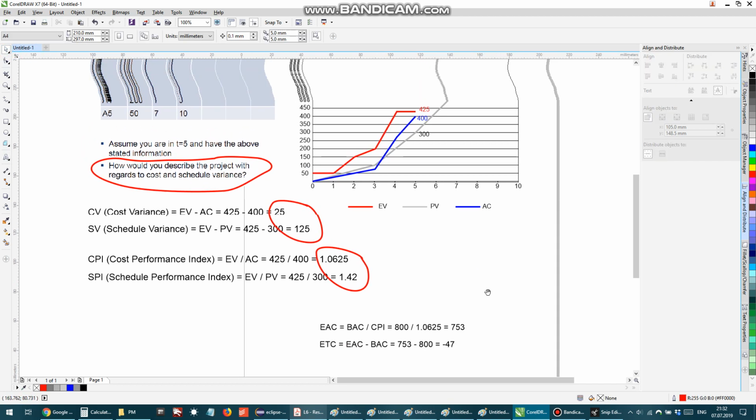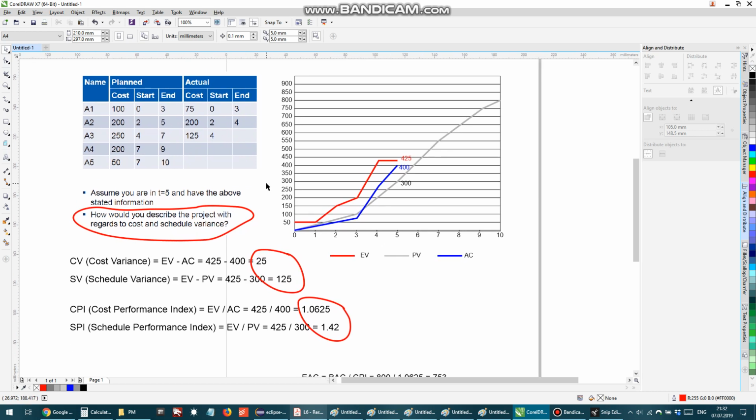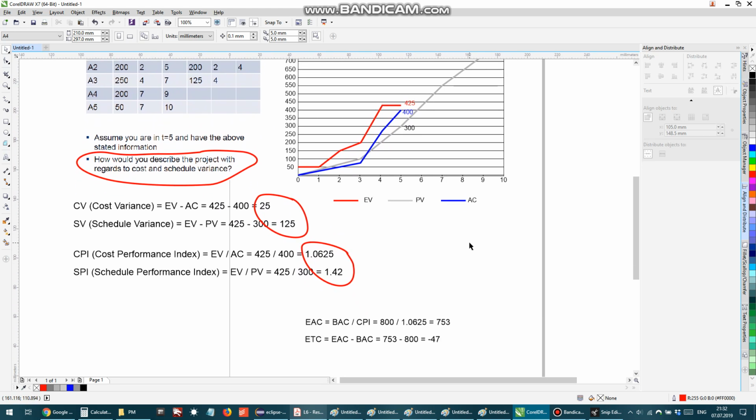So it means that this way of doing things until now in our project gives us a prognosis, a forecast for the end of project, that if we keep doing everything as we're doing, then we will have these numbers, first of all, for CV and SV. Second of all, we will have these index numbers, CPI and SPI.